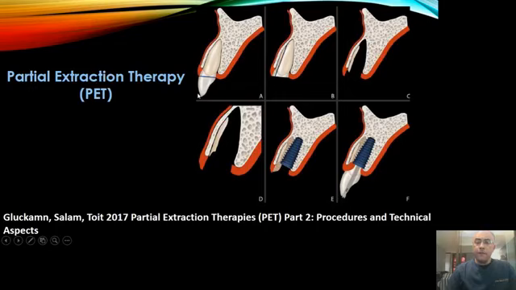The main idea of the socket shield is, instead of extracting the whole tooth, we separate the tooth into palatal and buccal sections and keep the buccal section intact against the buccal bony plate.